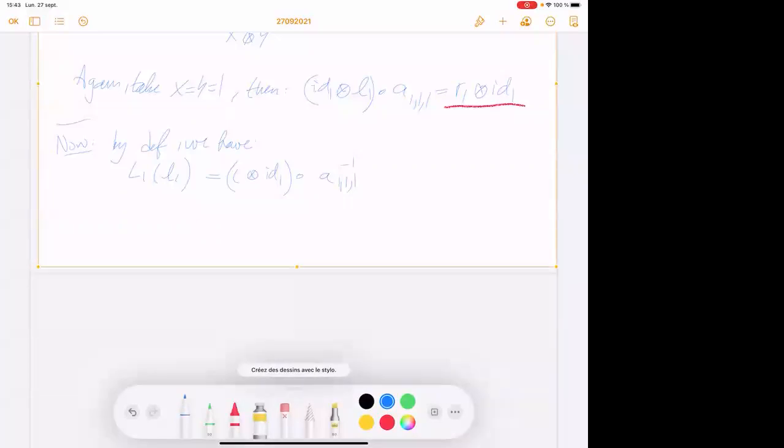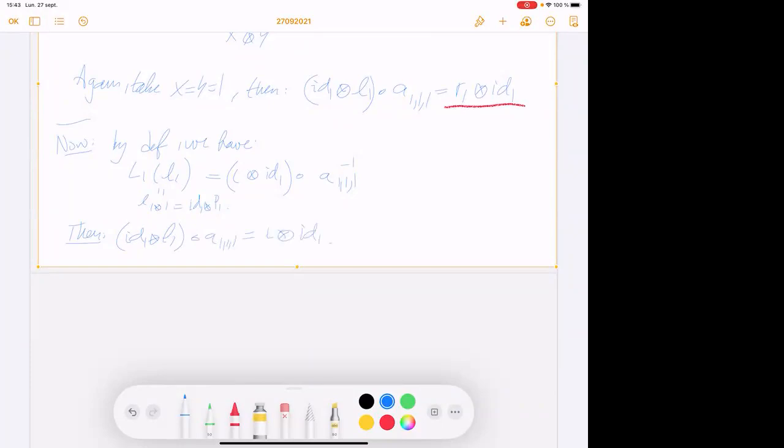And this is nothing but L1 tensor, which is equal to ID1 tensor L1. So we have ID1 tensor L1 composed with A111 is equal to iota tensor ID1.